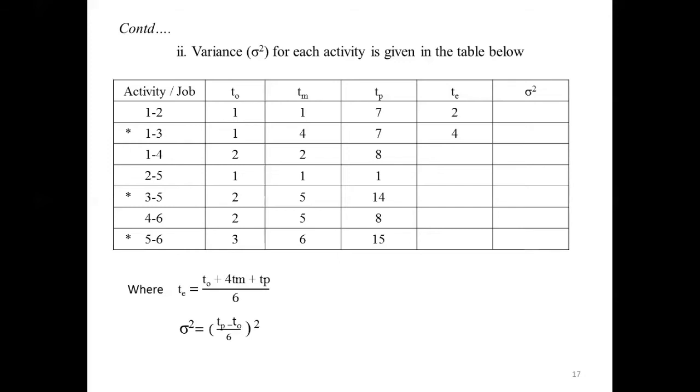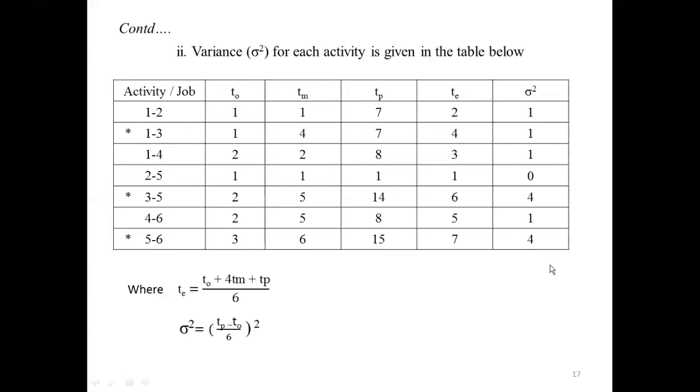To calculate sigma square, we have the formula TP minus T naught by 6 whole square. For activity 1 and 2, if we calculate, we will get 1, and similarly for other activities, we will get these values. After calculating, sigma square indicates the variance for each activity. For each activity, the variance is calculated.